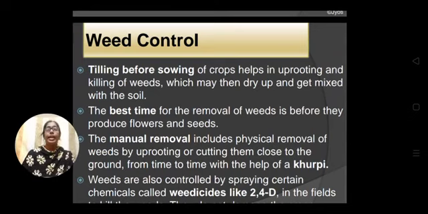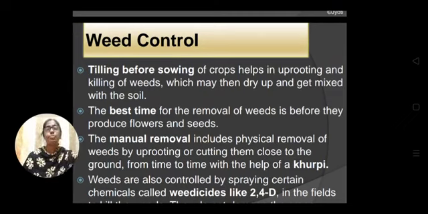Then another method by which the weeds are controlled is by spraying certain chemicals, and those chemicals are called weedicides. For example, 2,4-D is one weedicide.